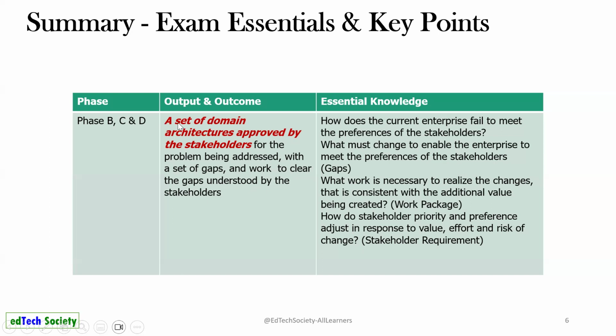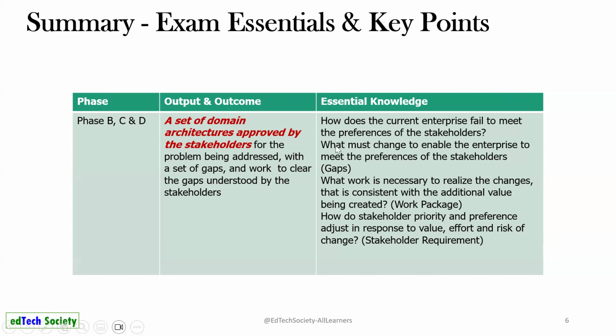If you can remember this phrase, it will help you remember that this is about phases B, C, D. So during the exam, if this particular section is given and it is asked what the name of the phase is, with this phrase you can identify it.